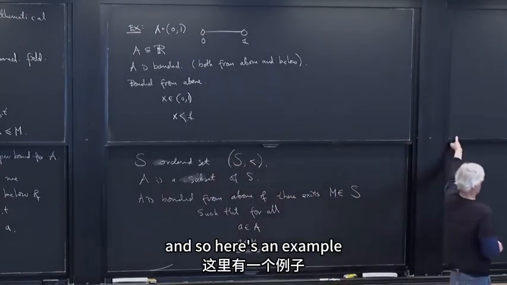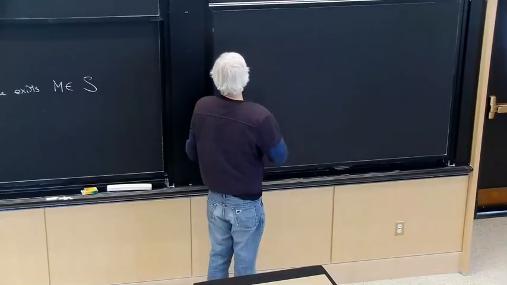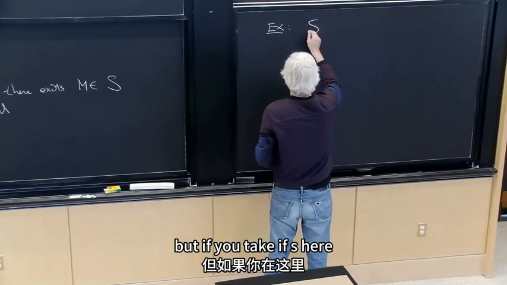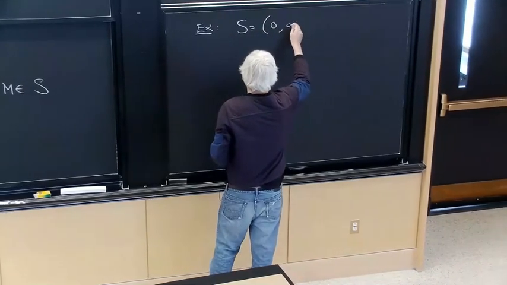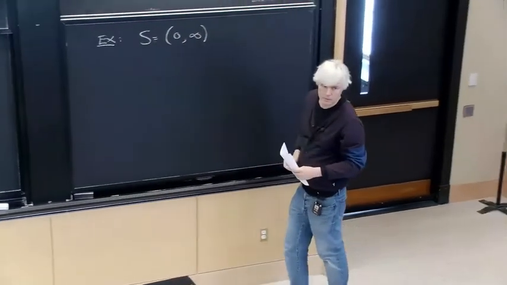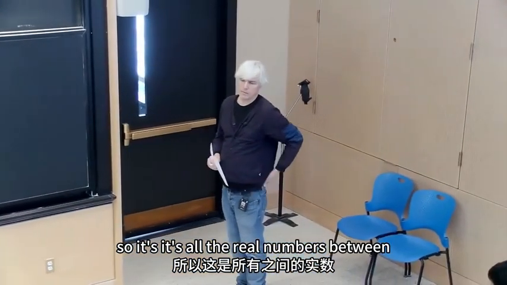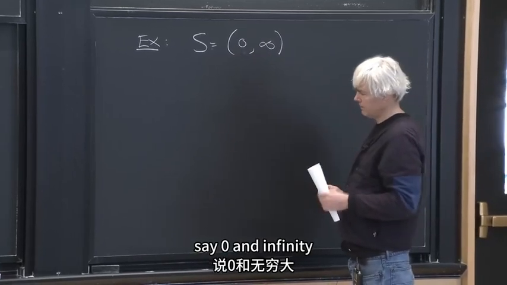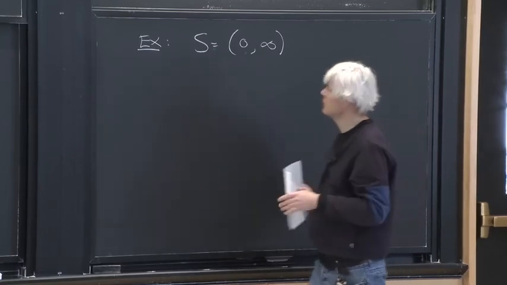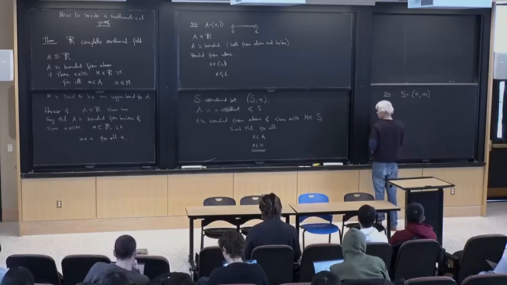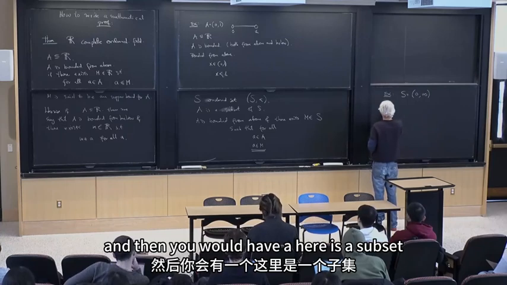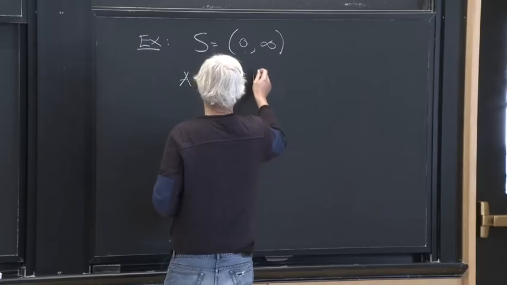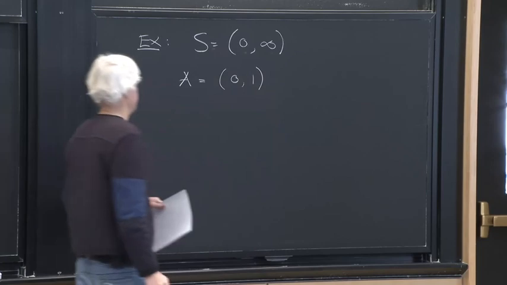And so here's an example, which maybe is counterintuitive: S is the half line, all the real numbers between 0 and infinity. And then A is a subset, 0 to 1.